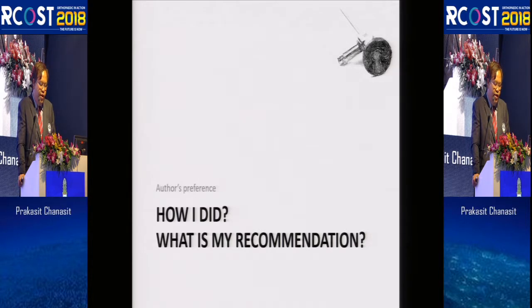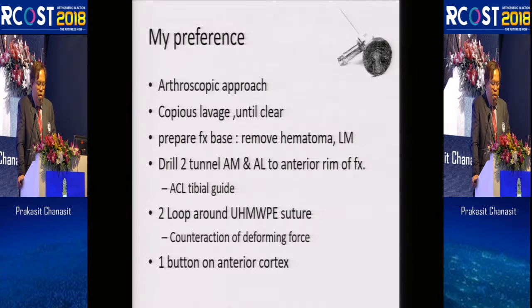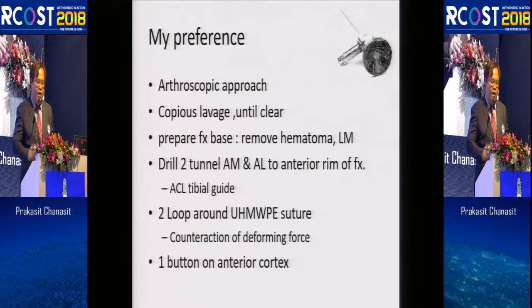So, my preference, how I did it, and my recommendation. My preference is the arthroscopic approach, and after that we do very copious lavage until the surgical field is clear, and prepare the fracture base, remove the hematoma and lateral meniscus, which sometimes interposes inside the fracture site.